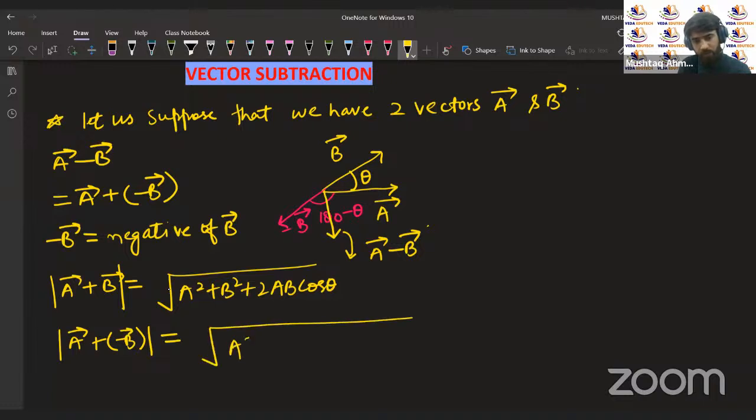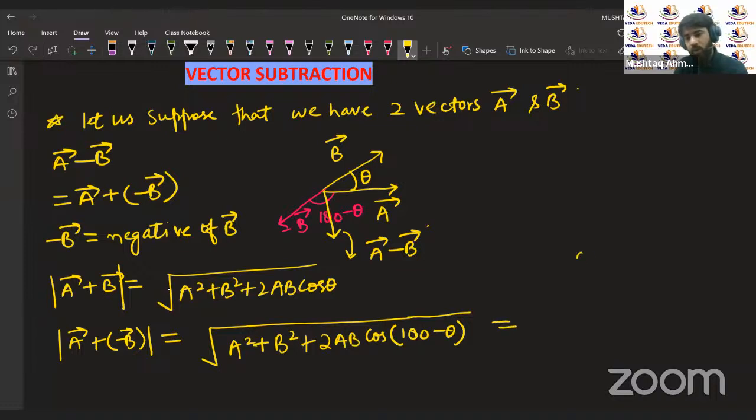So it will be A square plus B square again, and twice AB cos of 180 minus theta, because now the angle between A vector and minus B vector is 180 minus theta. So theta will be replaced by 180 minus theta.